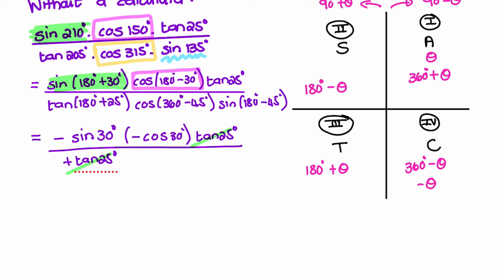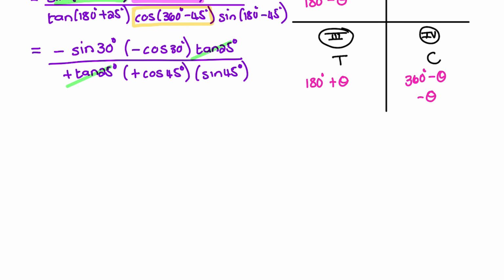Going on in the denominator, cos of 360 minus 45 is in the fourth quadrant, and cosine is positive, so it will be cos of 45 degrees. And lastly, we have the sine of 180 minus 45 degrees, which is in the second quadrant, and sine is positive in the second quadrant. So this will be the sine of 45 degrees.